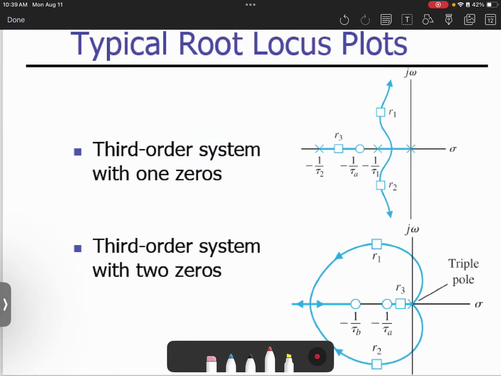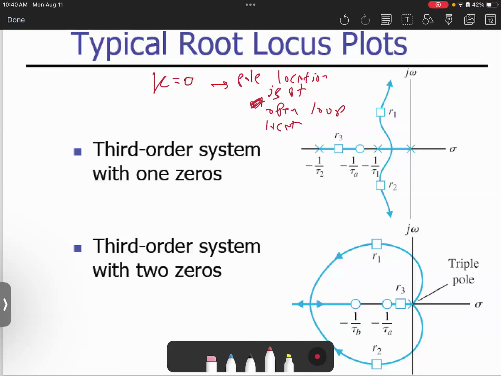Then how about when we have a third order system with zeros? When we have a third order system with zeros, the situation can be different. When k equals 0, the pole location is at the open loop location.